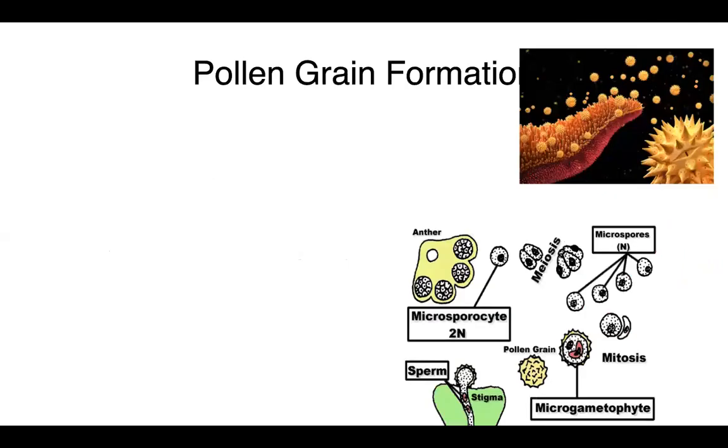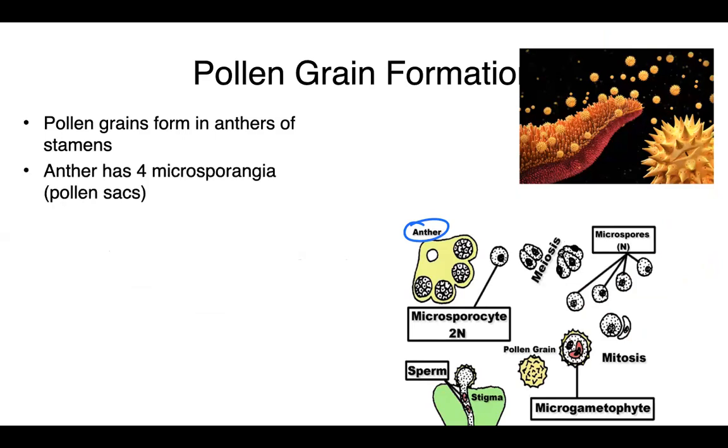And next we go to pollen grain formation. This happens in the anther. So we start here in the anther. And very similar to sperm formation in other organisms, you start with 1 diploid cell and you make 4 haploid cells. The anther has 4 microsporangia. These are pollen sacs.